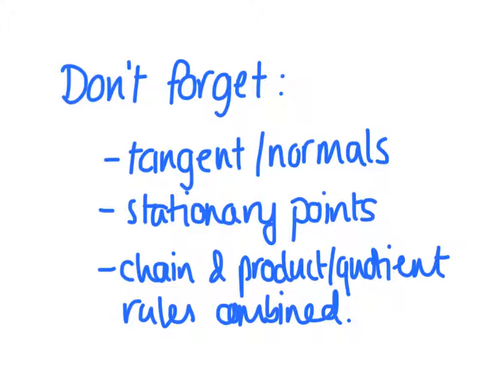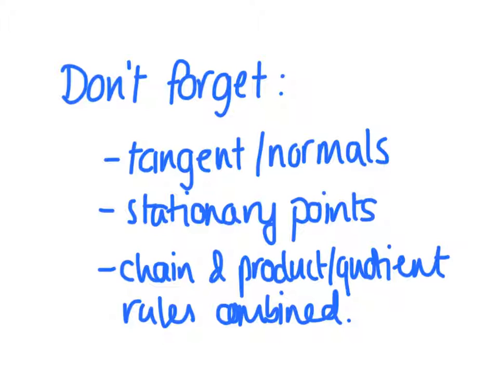Just don't forget that, just as with any differentiation problem, now that you're past the point of C1, you could be asked for tangents and normals, you could be asked for stationary points, and you could be asked now to combine the chain and the product or quotient rules together.